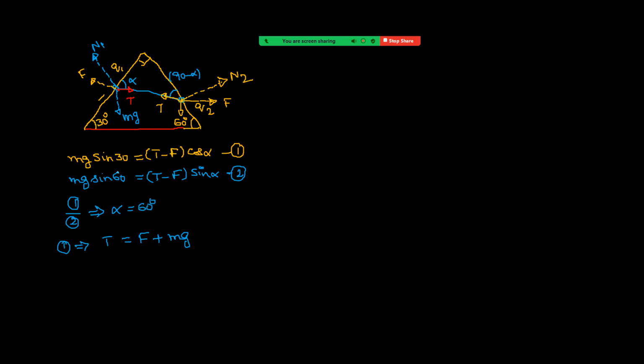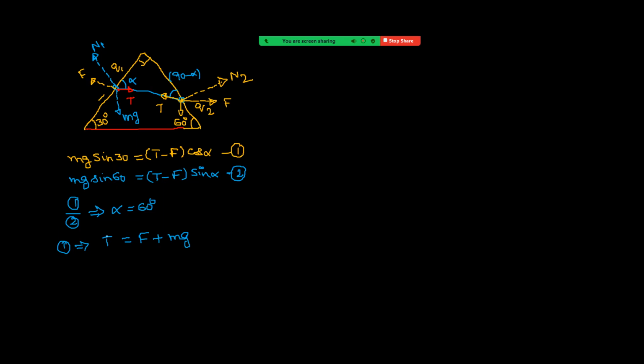See carefully once: sine 30 is 1 by 2, cos 60 is 1 by 2, so they get cancelled. Remaining is mg plus F. If you want, you can take it from the second equation also, we get the same. It is sine 60 on both sides, so sine 60 gets cancelled, and T equals F plus mg.